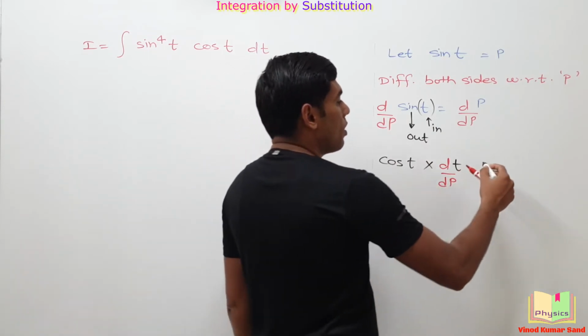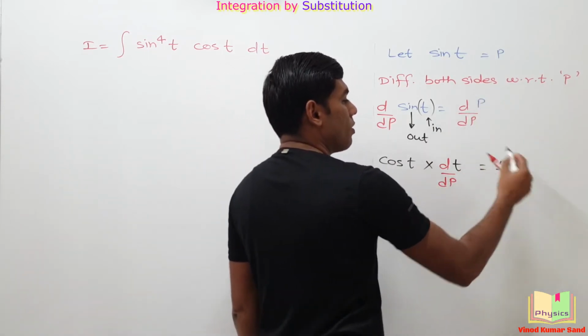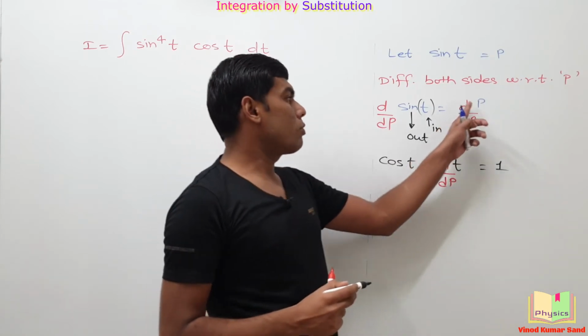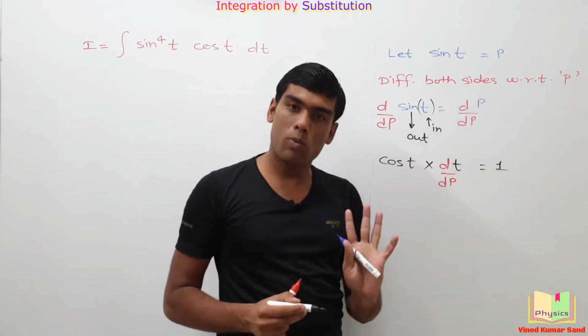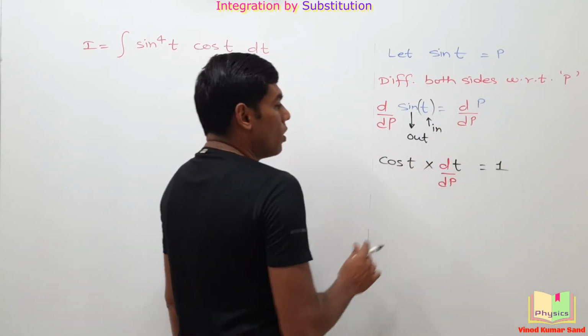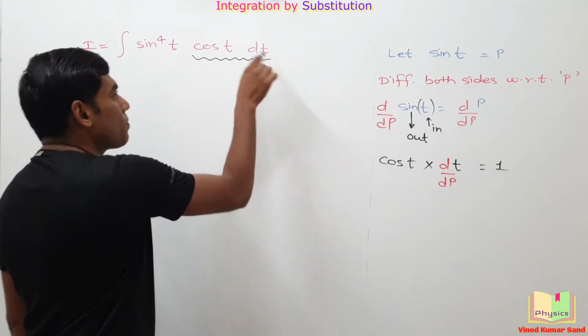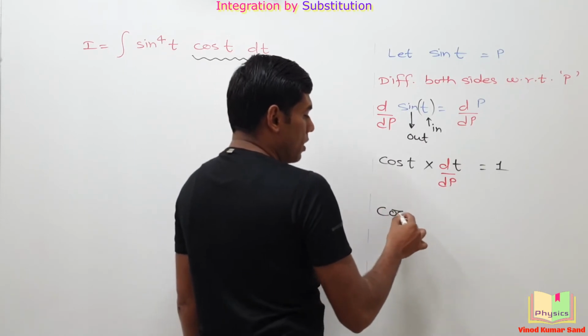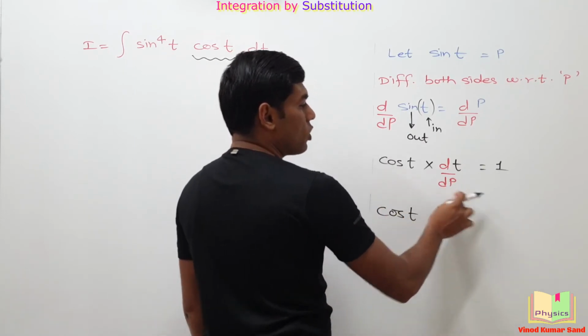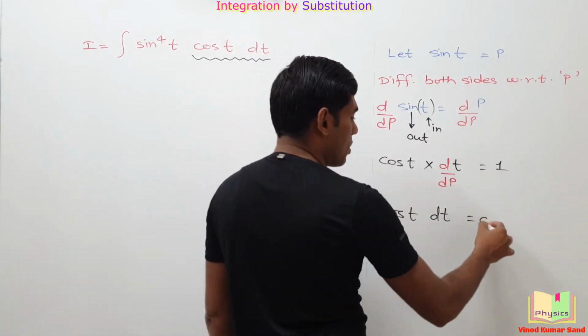Okay, is equal to, in the RHS the value will be 1 because differentiation of p with respect to p is always 1.